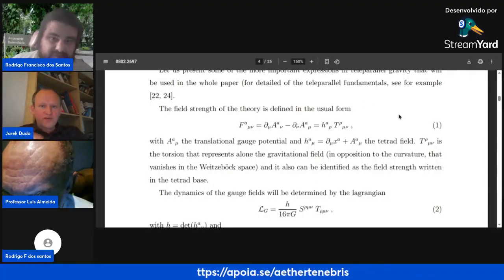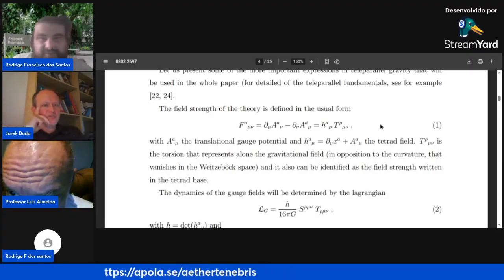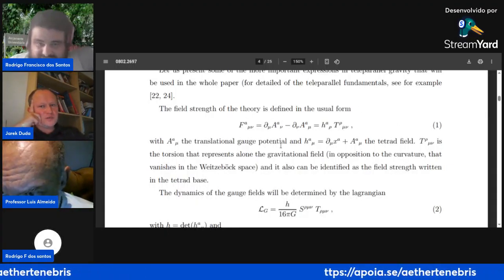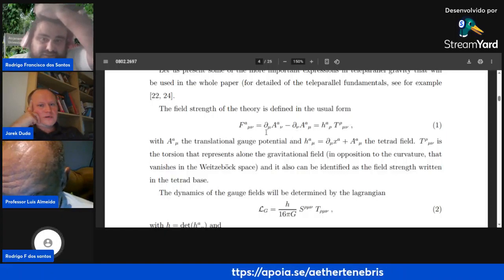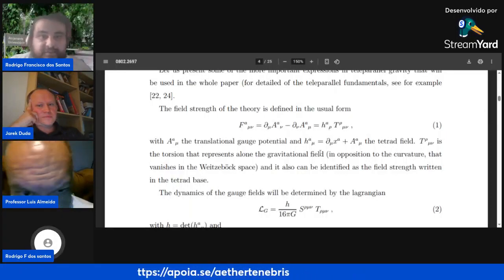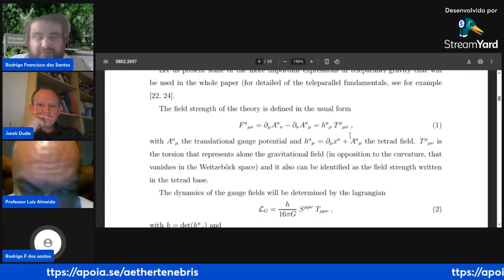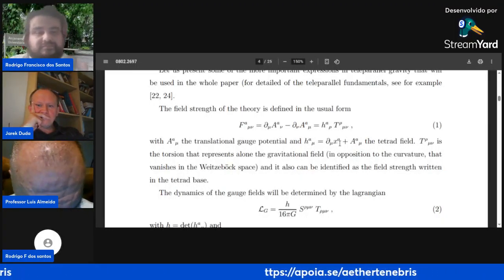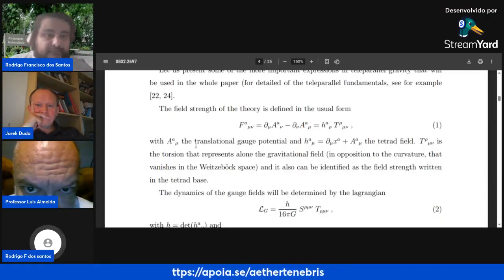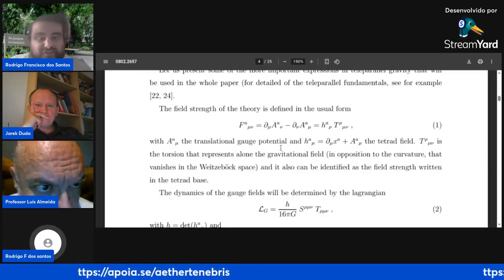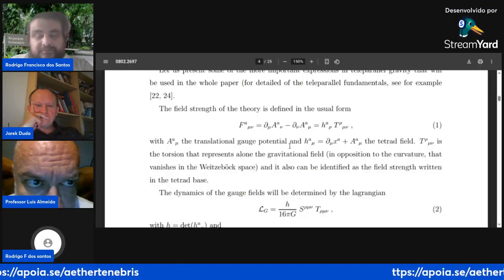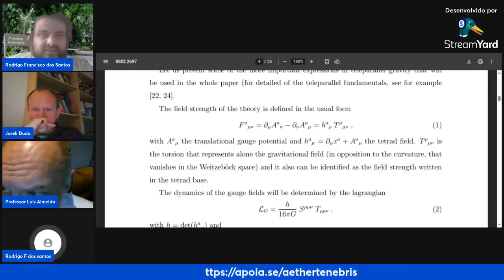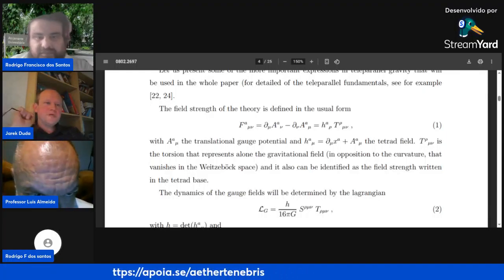Sure. So you have the F, sure. So here we agree, but what is the A field? For me, the A field is the connection, and the field strength is the curvature. In your work, is the translation gauge potential the same thing?